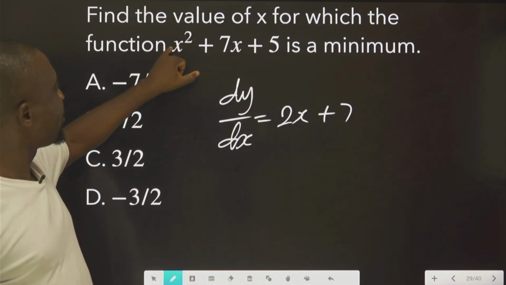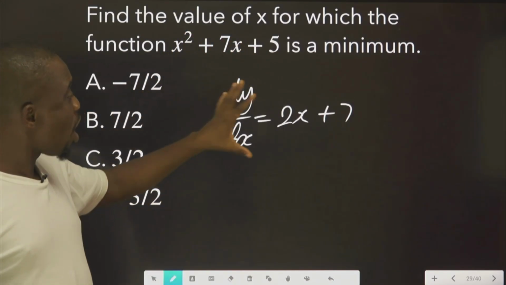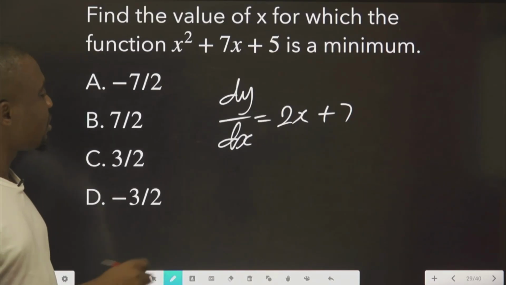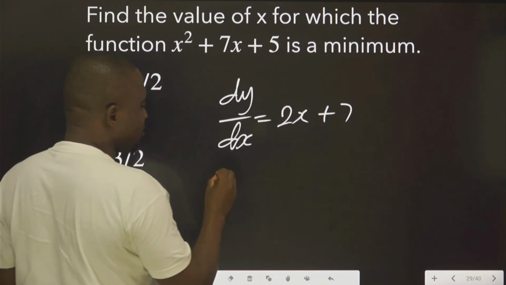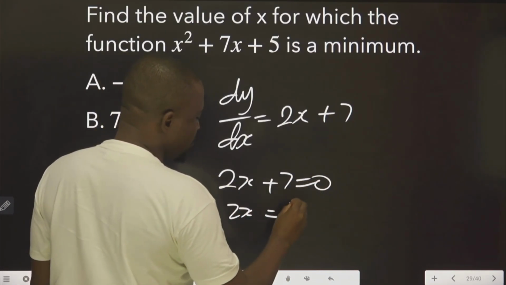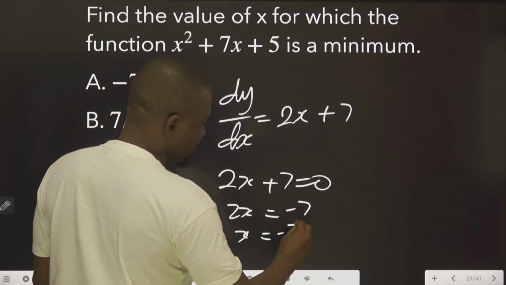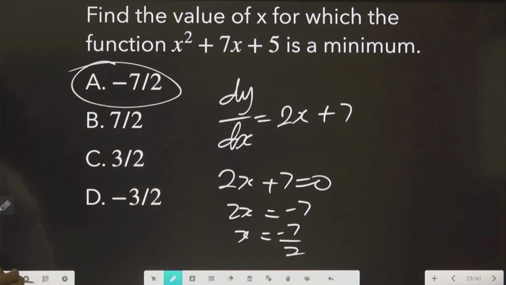Differentiation of this is bring 2 down, remove 1, and 7, remove 1. Once you get this now, at minimum, this is equal to 0. That is a turning point. So that is 2x plus 7 equals to 0. 2x equals to minus 7, x equals to minus 7 over 2. So this is the point at which this function is minimal.